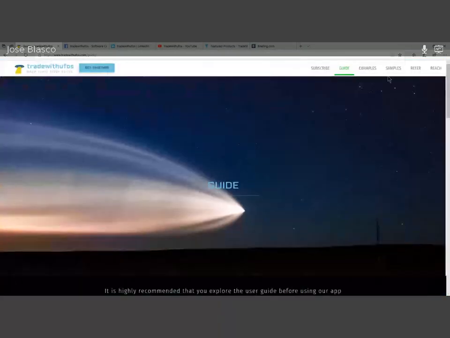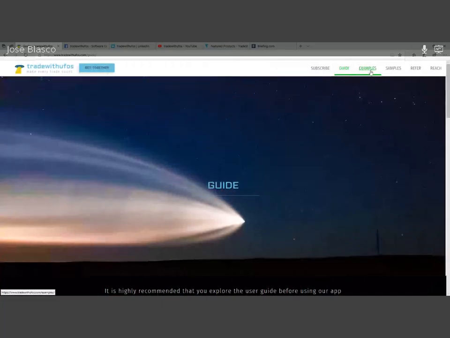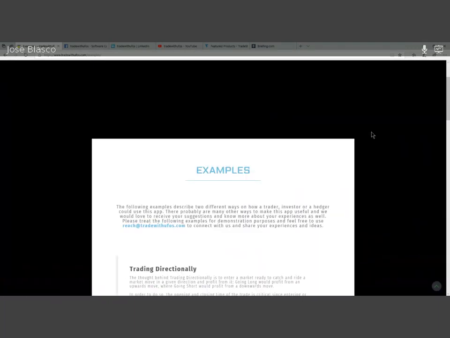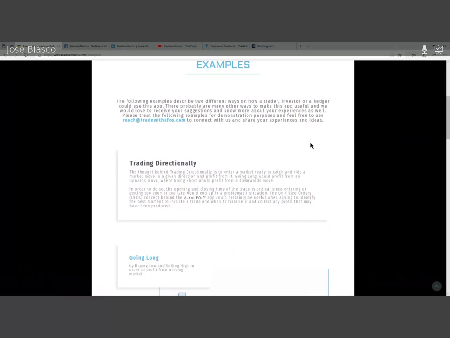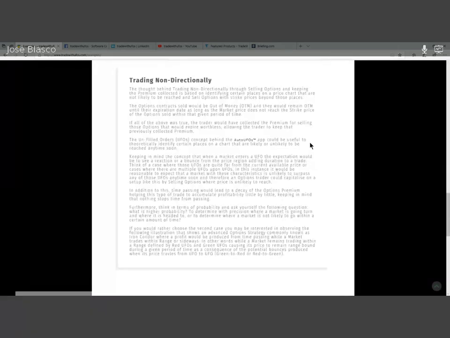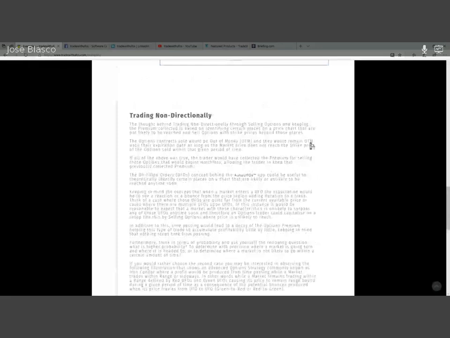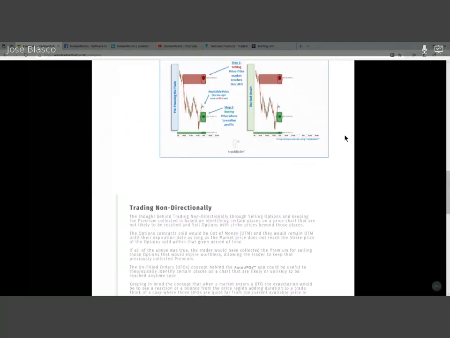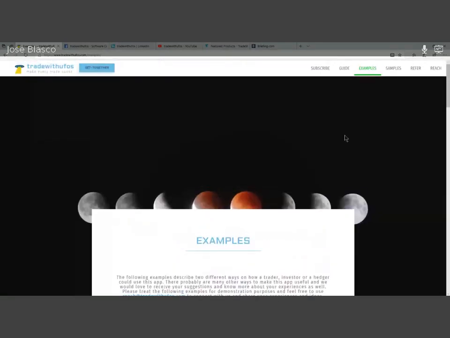One more comment. Examples. This is a very interesting section for you to understand what the app can do for you. Basically, here it talks about going long, going short, but also trading not only directionally, but also non-directionally, okay? And this implies the use of options. And yesterday we did a session together. It was a sharpening session, and we were talking about options. So we'll talk much more about that. But for you to be familiar with some of the things that we do, it would be important for you to read these.